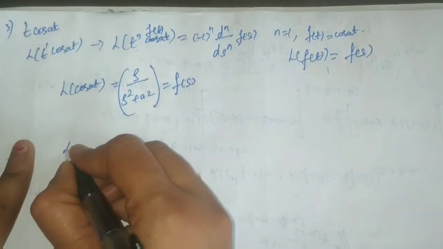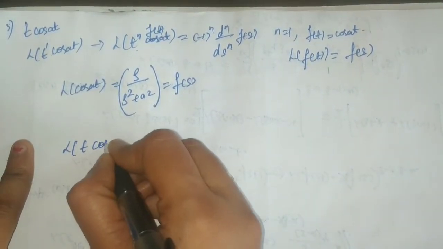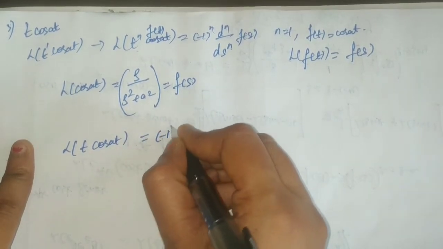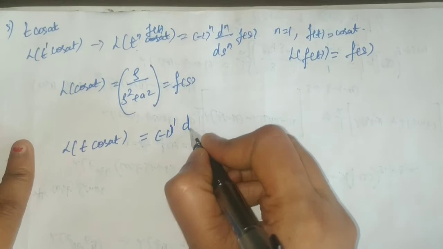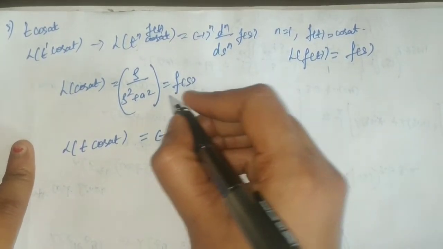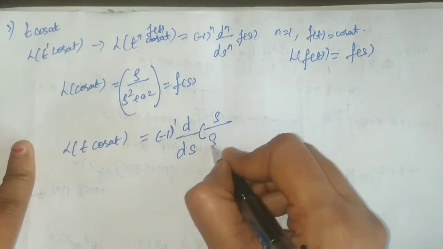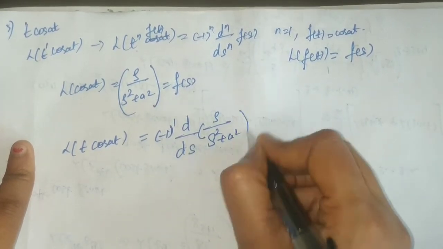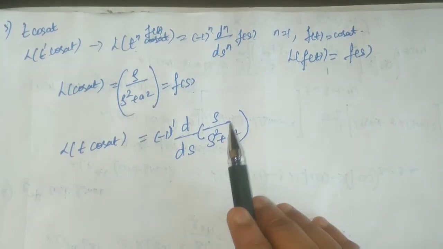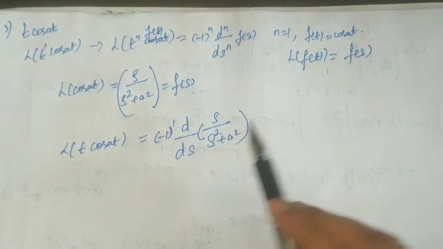Based on the n value we are going to differentiate it, right? So the Laplace transform of t cos at is equal to minus 1 power 1, because the n value is 1, d by ds of, instead of F of s, we have s by s square plus a square. Since the n value is 1, we need to differentiate this function only once with respect to s.